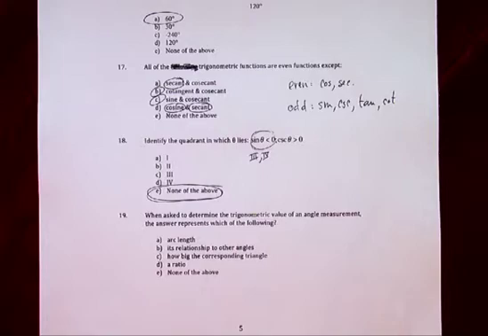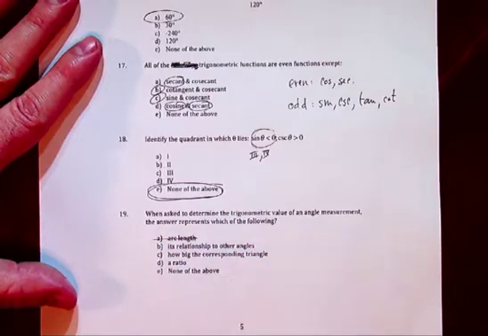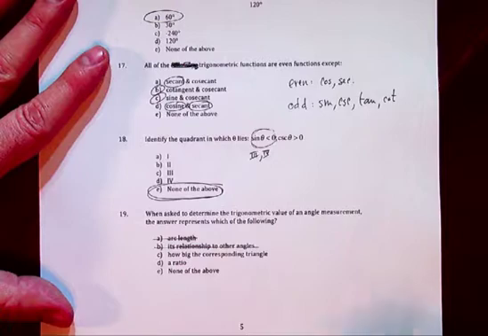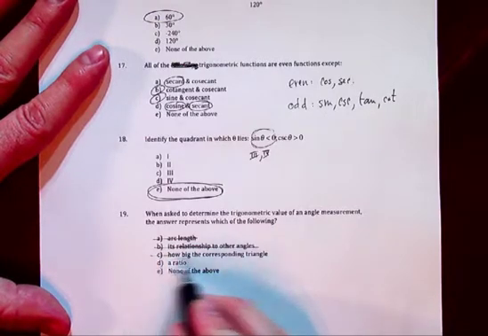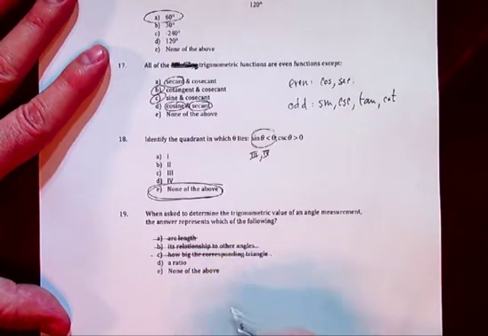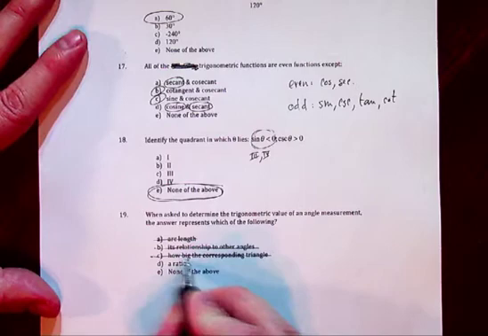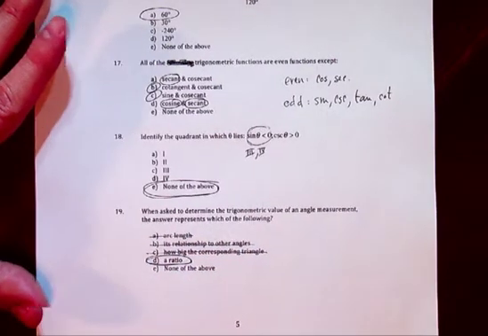What comes out is a ratio, okay? It is not arc length. It is not its relationship to other angles. That's really vague. That's not how big the corresponding triangle is, because similar triangles have similar ratios of sides. It has nothing to do with that. But it is a ratio of sides.